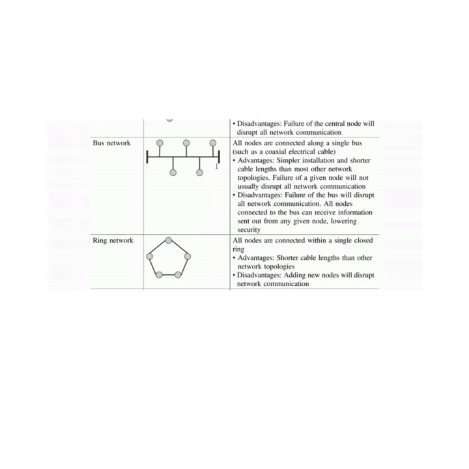Every device connected to these two devices will be cut off from this network, and we will not be able to get connected. That's why I said failure of the bus topology will disrupt all network communications. All nodes connected to the bus can receive information sent out from any given node, lowering security. And you can see the advantage, which you can read from the screen.